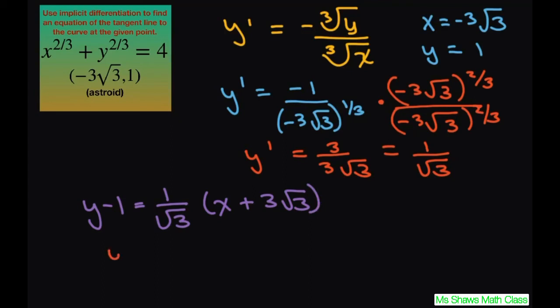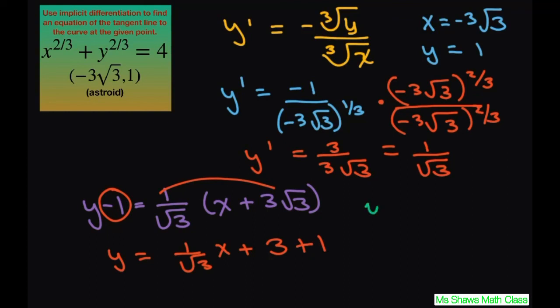We're going to get y equals 1 divided by √3 times x plus, and when you multiply these two together, that just gives you 3. Now add the 1 to both sides, plus 1. So this simplifies to y equals 1 divided by √3 times x plus 4.